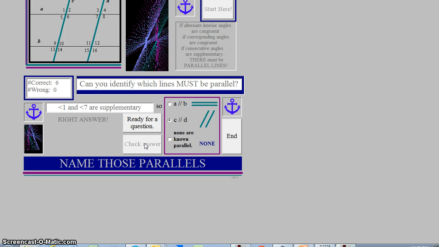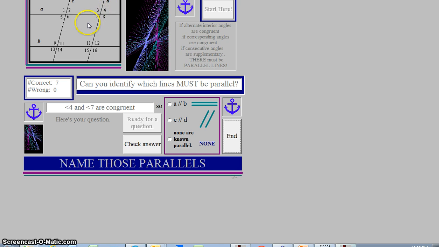I'd like to do one where no known parallels exist, so let's keep going and see if I get one. 6 and 7 are supplementary. 6 and 7 are supplementary when 6 corresponds to 8. Do you see that the relationship between line C and D would have to be parallel for that to be true? 4 and 7 are congruent.